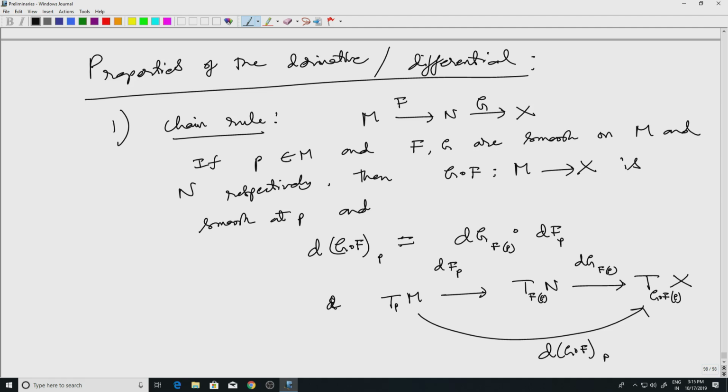If one regards R^n as a manifold, then at every point there is a natural way of identifying the tangent space with R^n itself, which is not the case with an arbitrary manifold. So one has to keep track of this whenever we talk about differentials. We have to keep track of the domain and range vector spaces. So this is the chain rule.